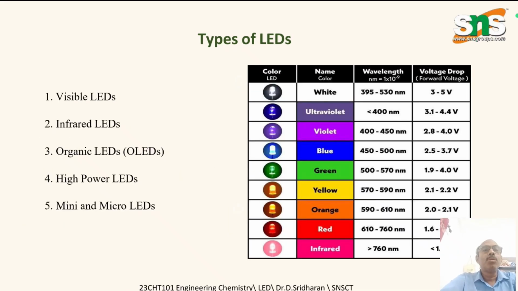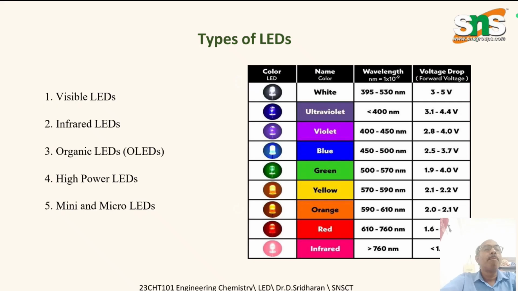Here we show the different regions, the wavelengths, and the respective colors. White is 3 to 5 volt, which is the voltage drop. Ultraviolet is 3.1 to 4.4 volt.